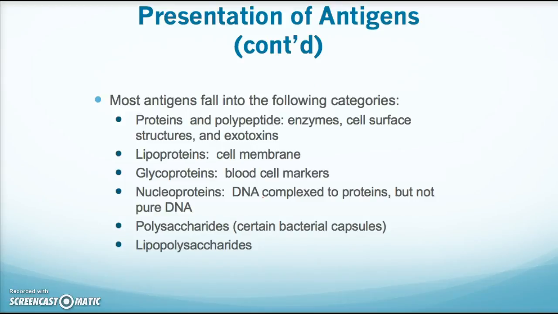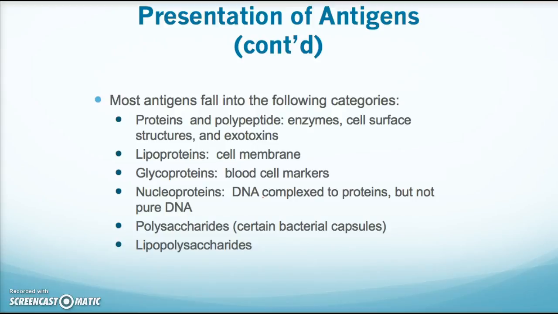They'll either be proteins and or polypeptides. They might be lipoproteins, which would be cell membrane proteins. Glycoproteins are one, too, that we might see, and also nucleoproteins, so DNA mixed with proteins, somehow complexed to proteins. Polysaccharides and then lipopolysaccharides are different antigens we might see.